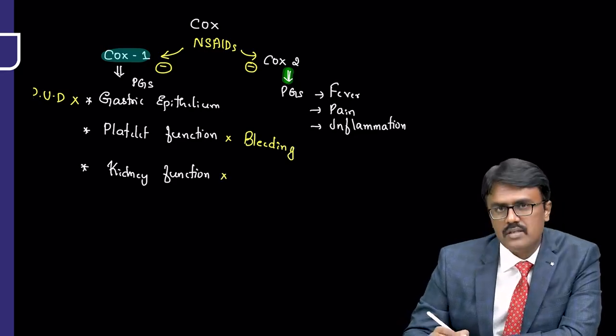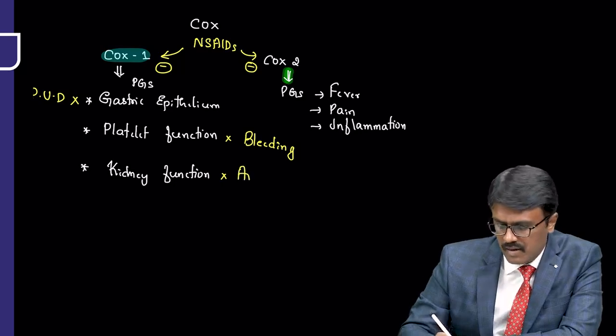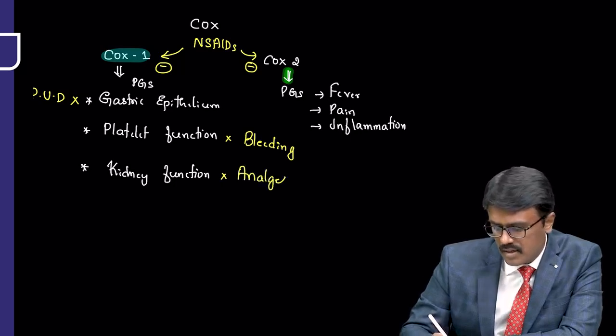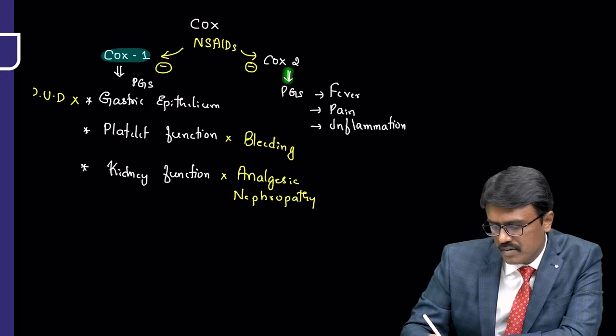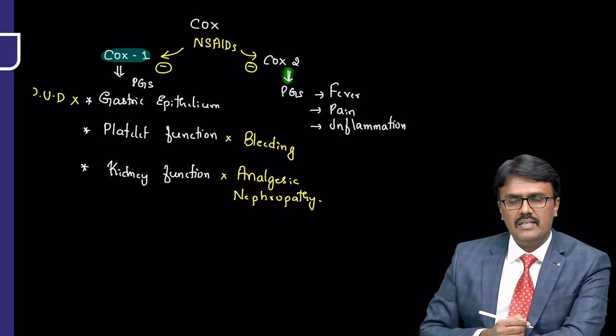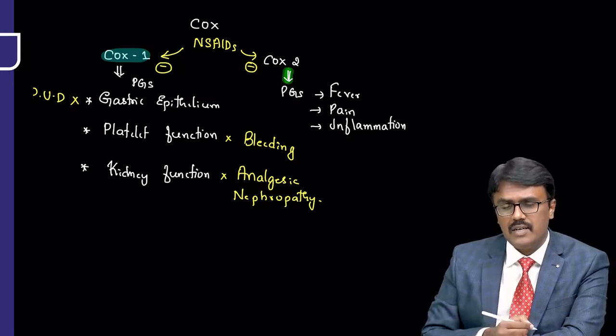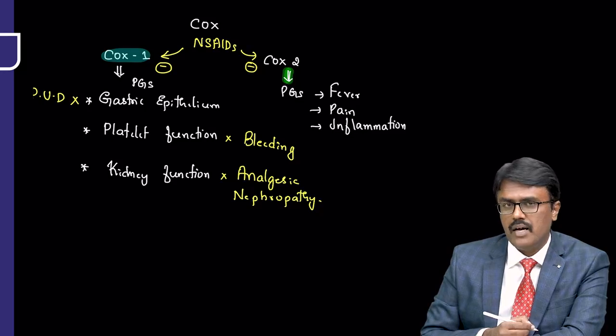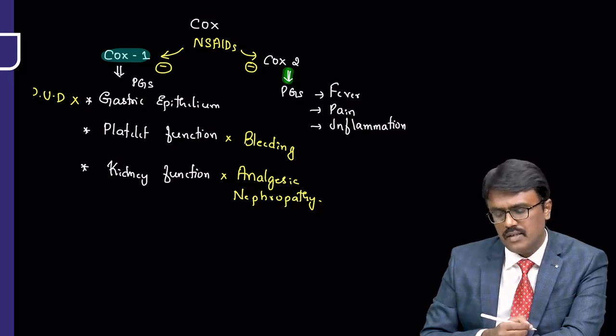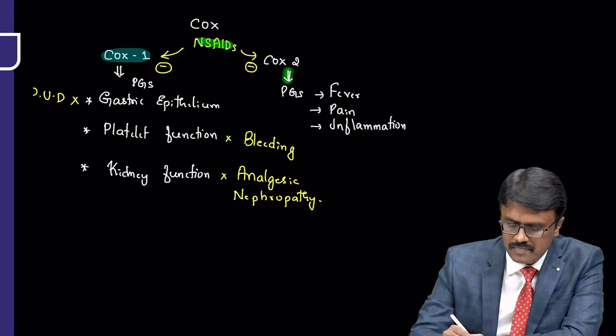And when the kidney functions are interfered with, the patient will have a problem called analgesic nephropathy, so the kidney function will deteriorate. So if analgesics, particularly NSAIDs, are used for a very long period, the patient may have gastritis and peptic ulcer disease, a risk of bleeding, and kidney failure. It takes a longer time, but this is the risk.